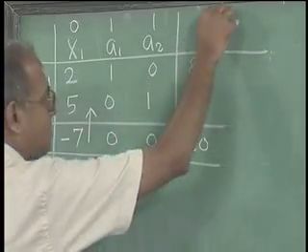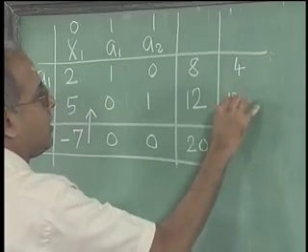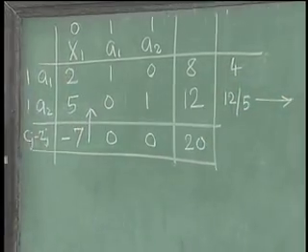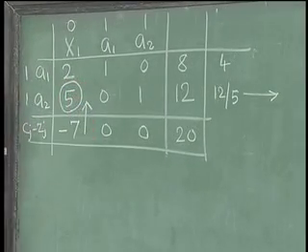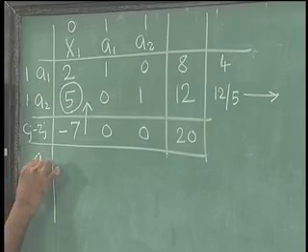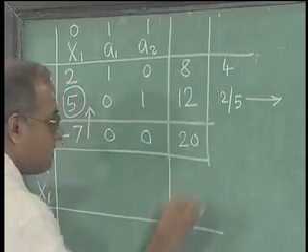Now theta is computed as 8 by 2 is 4, 12 by 5. 12 by 5 is smaller than 4. So the variable a2 leaves the basis. This is the pivot element. So we do one more iteration with a1 and x1 coming here.